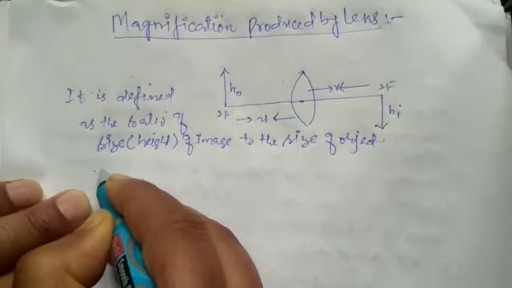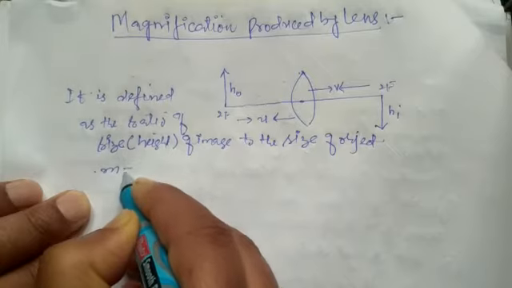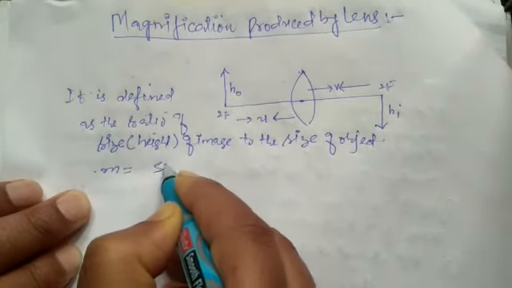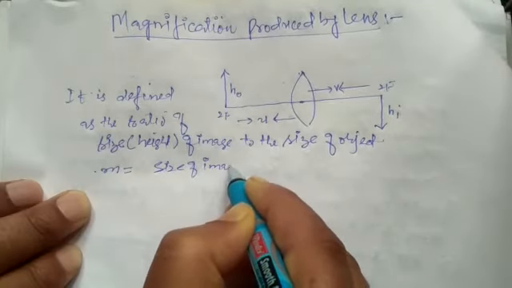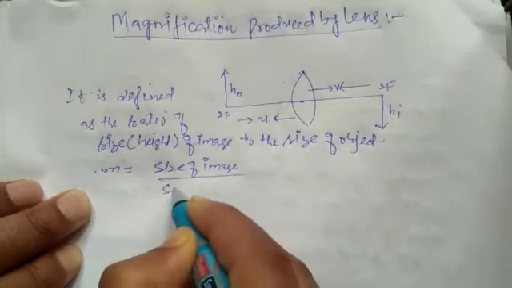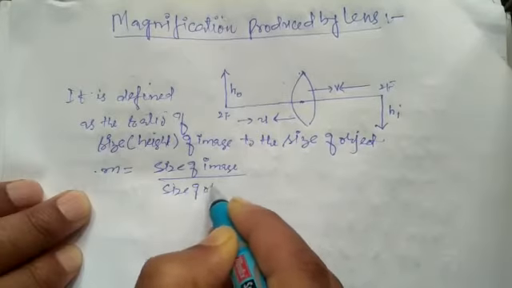That is magnification, which is denoted by m, equals size of image by size of object.